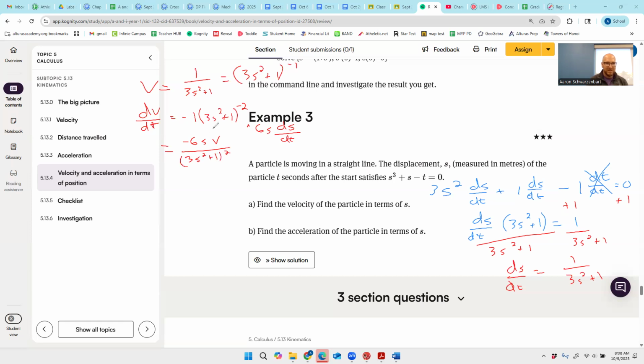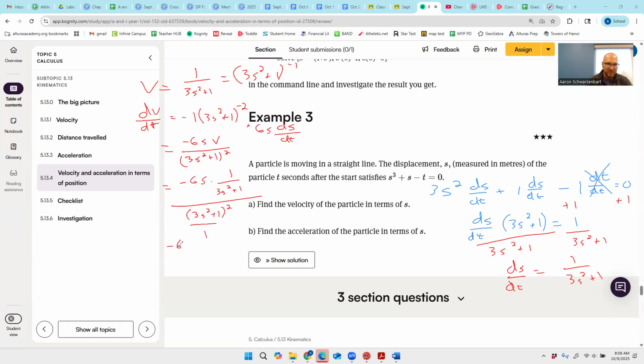I need to substitute v back in. So negative 6s times 1 over 3s squared plus 1, over 3s squared plus 1 squared. That's over 1.